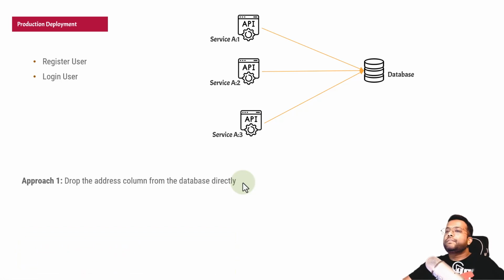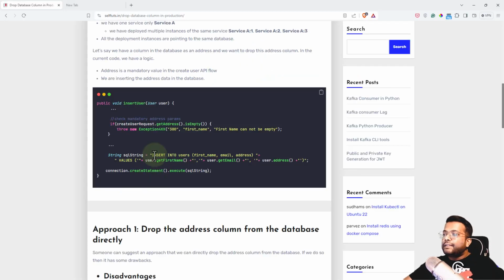Whenever a request comes to create a user on service A, it will try to run insert into users first name, email and address, but the address column has been dropped. So it will throw an error and my whole system will go down, with a severe impact on my SLAs, a full downtime, and everyone doing registration will get an error.